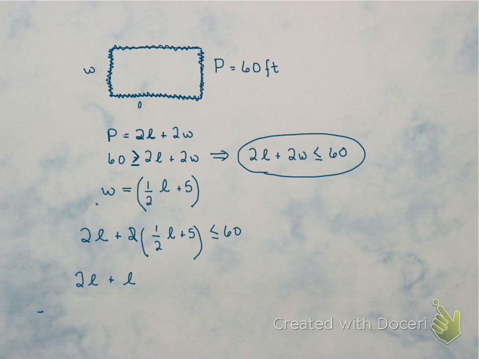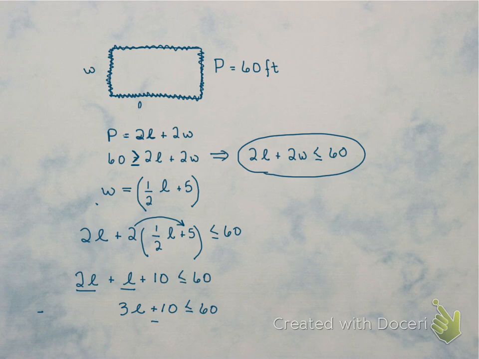And then 2 times 5, both positive, is plus 10. Less than or equal to your 60 feet of fencing. So we have 3 L's plus 10 on the left is less than or equal to 60.